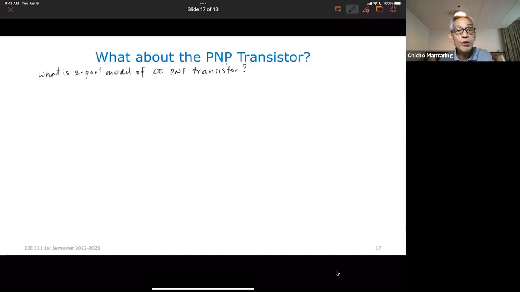Okay. So you recall yung common emitter PNP transistor natin looks something like this. Our emitter is the common terminal. The way we draw it, we draw the emitter on top. So this is our base, this is our emitter, and then this is our collector.